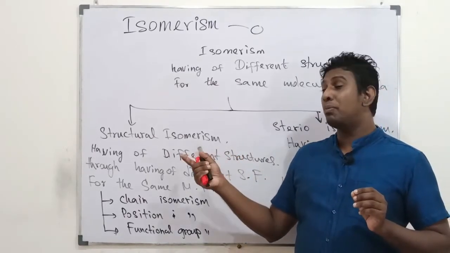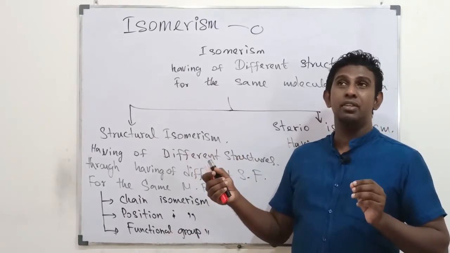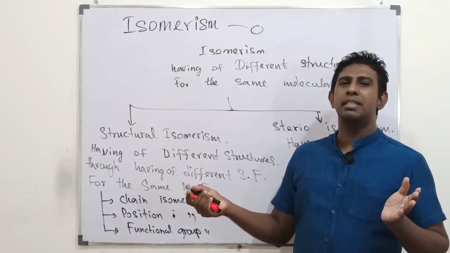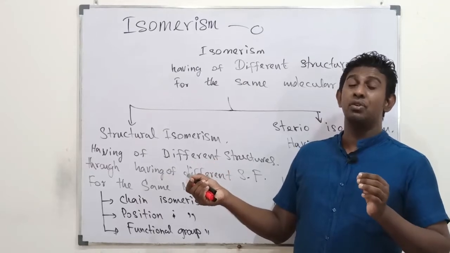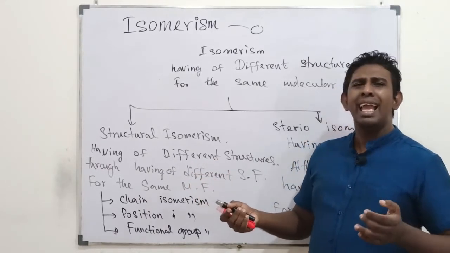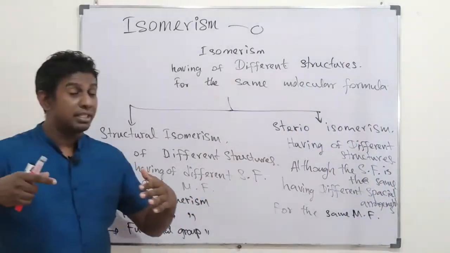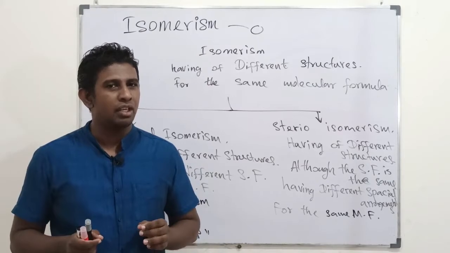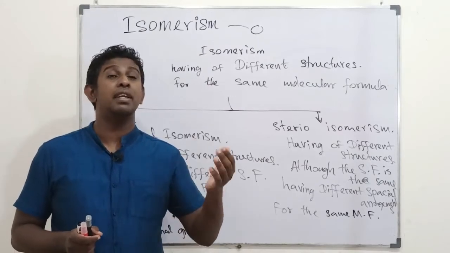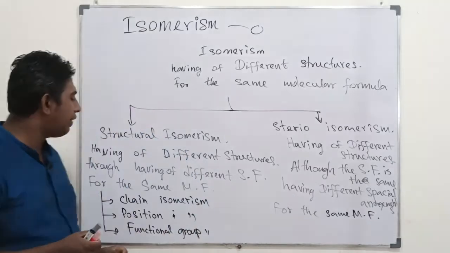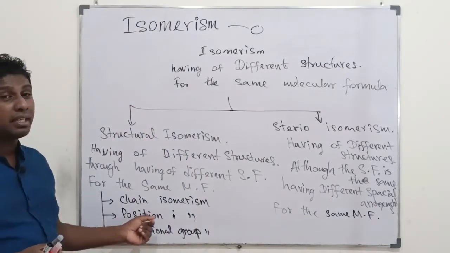We are going to find some examples for this. With the positions of those groups being different, they are different substances, with different structural formulae for the same molecular formula. That's what we identify as position isomerism.